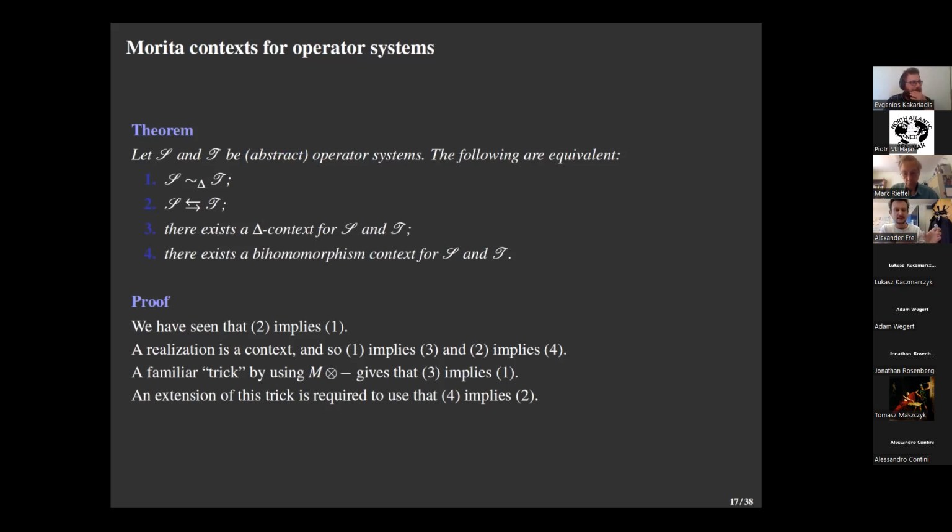Does it imply already that M star A M is all of B, like in the Morita equivalence case, which would give you that it's all of B?